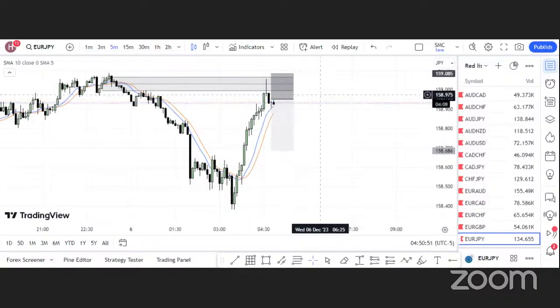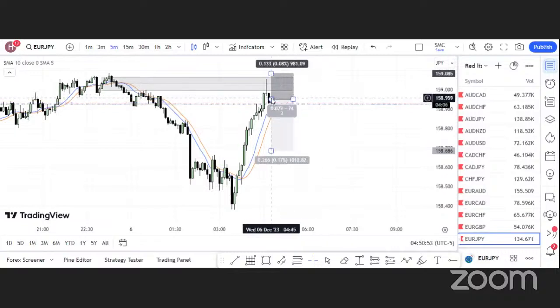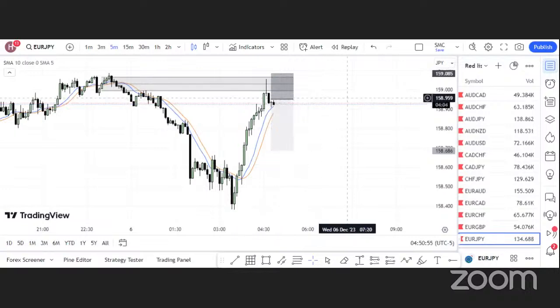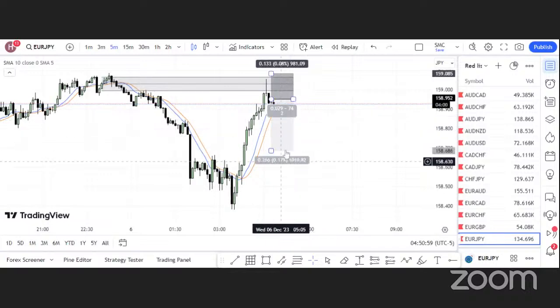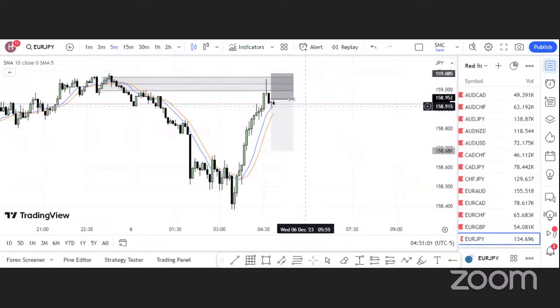So let's see if our entry is going to get triggered. So once it triggers, we sell immediately. I'm going to give you guys the take profit and the stop loss.